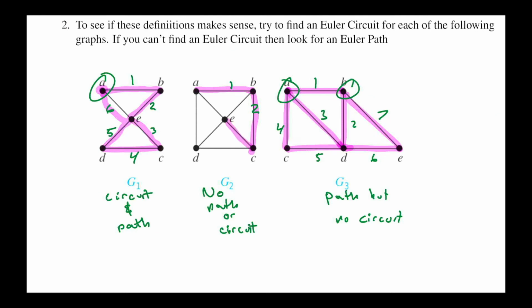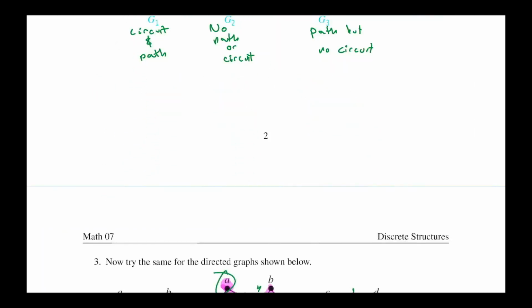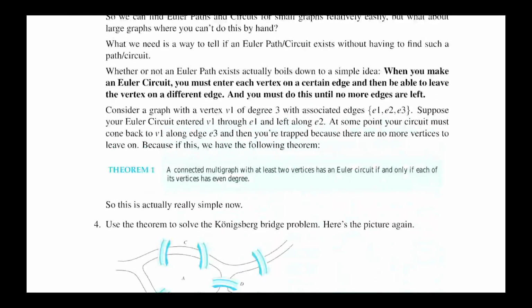And the problems arise when you can't do that. I can trace it around there, but now I'm stuck at B and there's no way to leave B. So I fail.